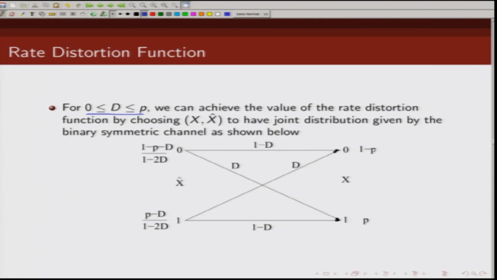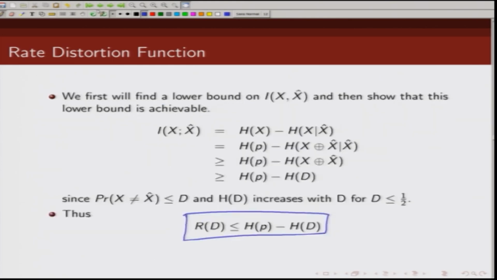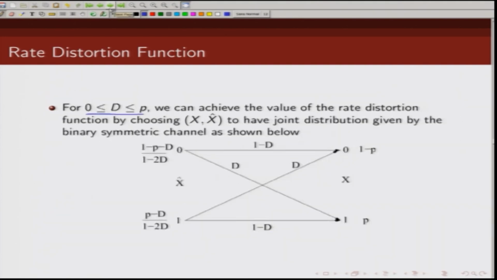Remember, our objective is to cook up a distribution such that this rate is achievable with equality. So x is distributed as Bernoulli with p, and we want h of x given x hat to be basically h of d. So, we have to cook up a distribution. So, we create a test channel.